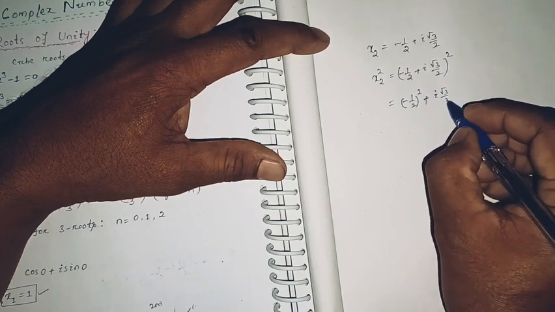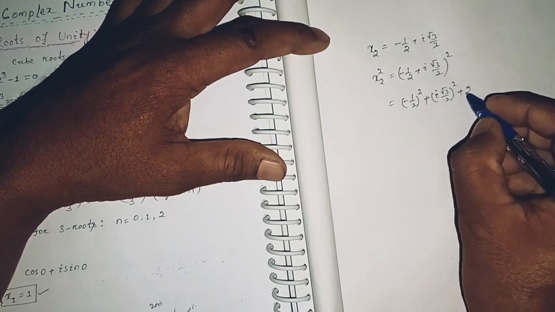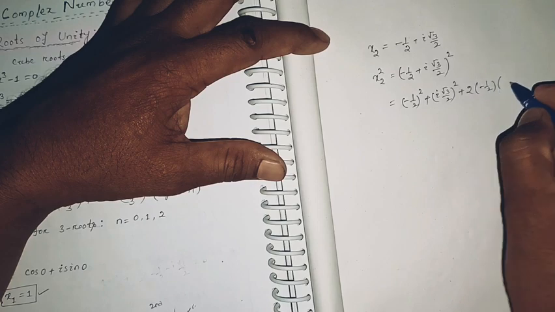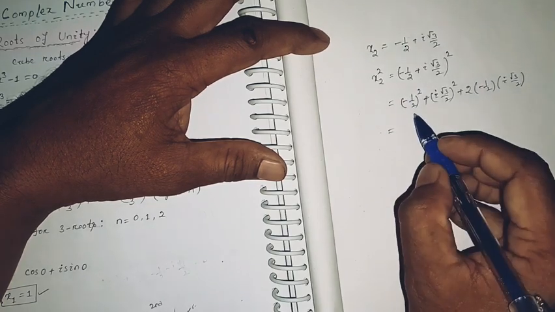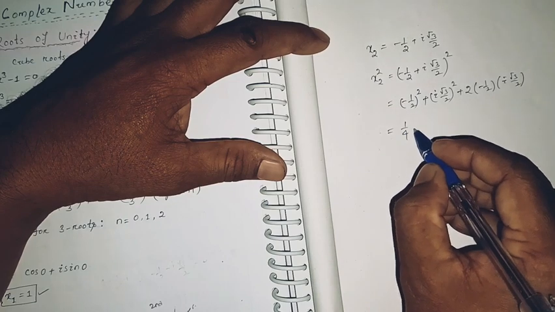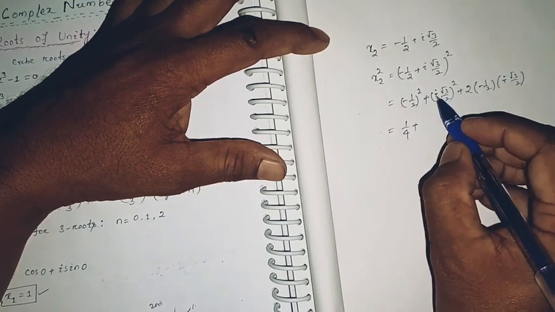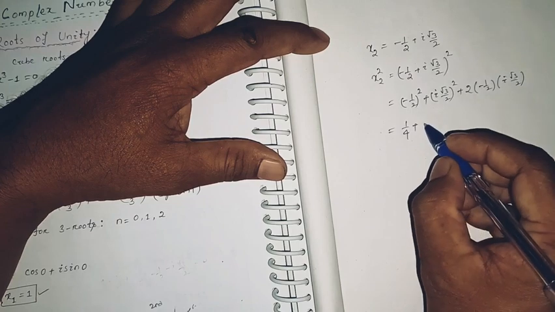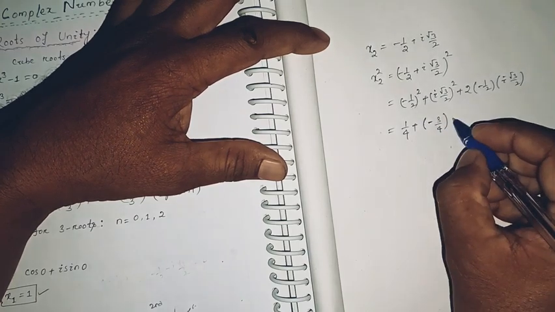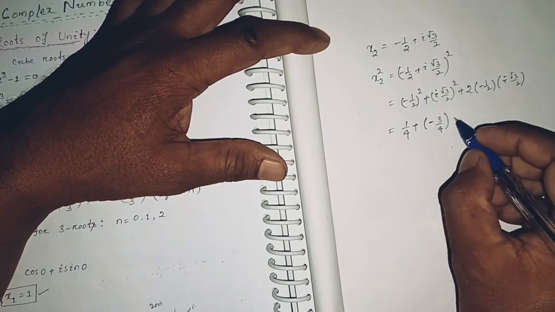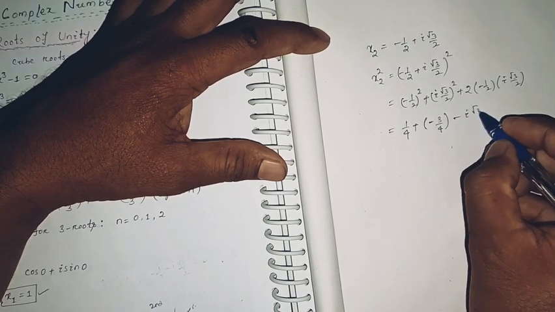i root 3 by 2 whole square plus 2 into a means 1 by 2, b means i root 3 by 2. So here minus 1 by 2 whole square is your 1 by 4 plus here i square root 3 by 2 whole square will be minus of 3 by 4. Here 2 got cancelled and we found minus i root 3 by 2.